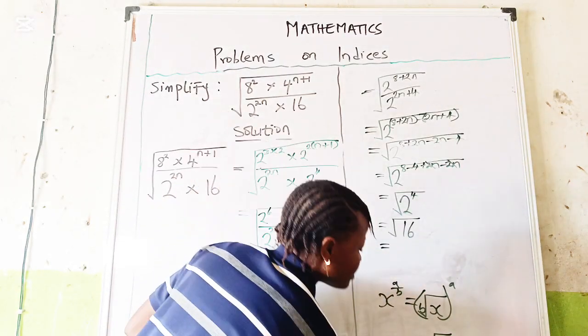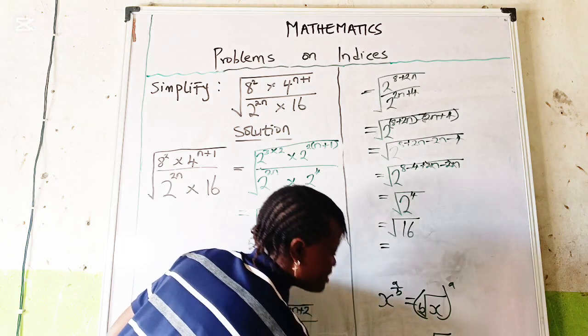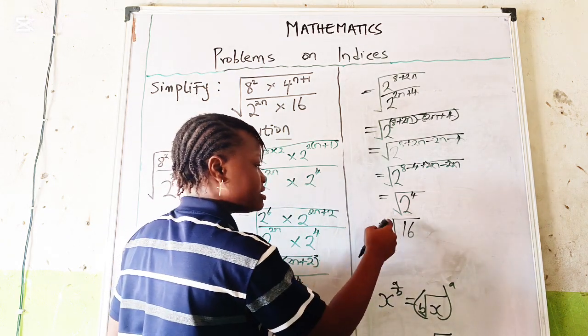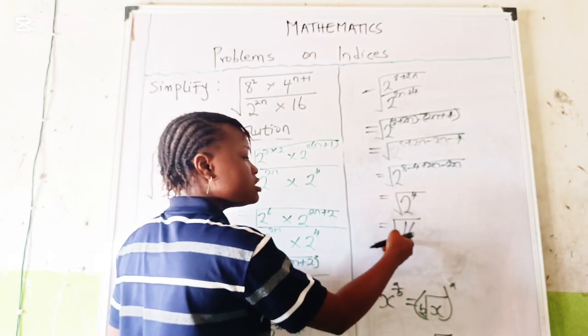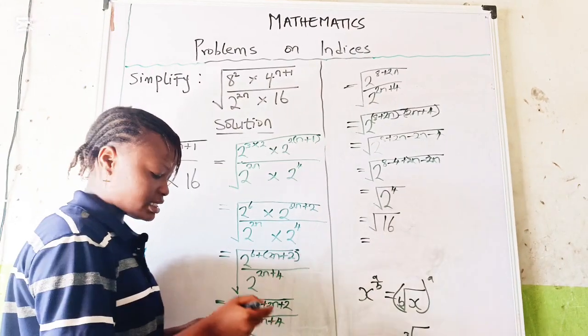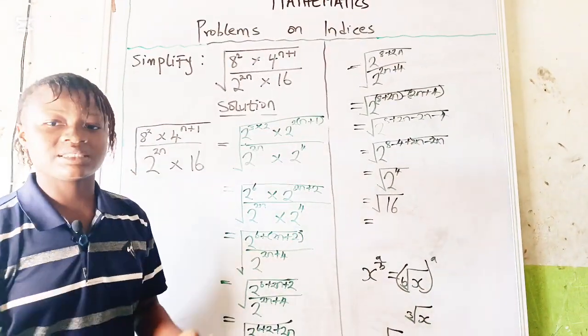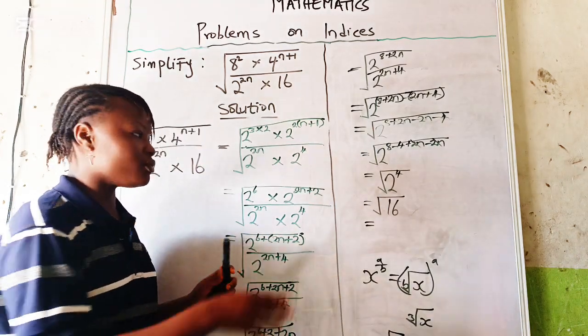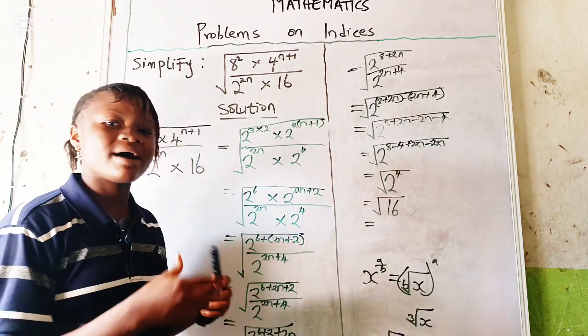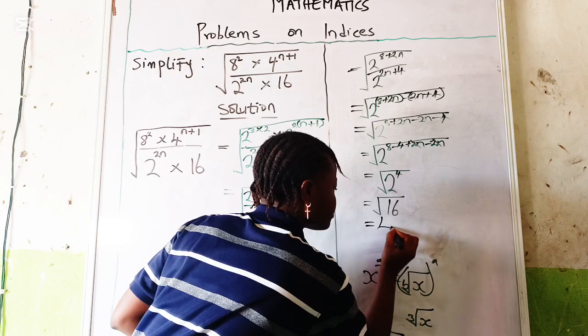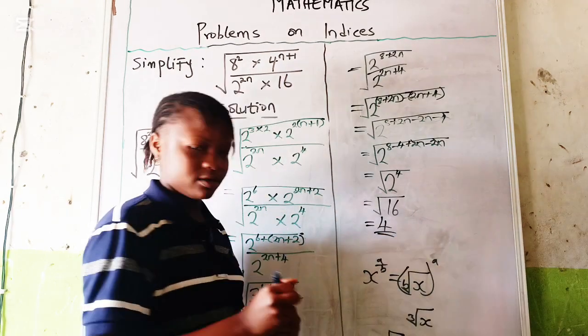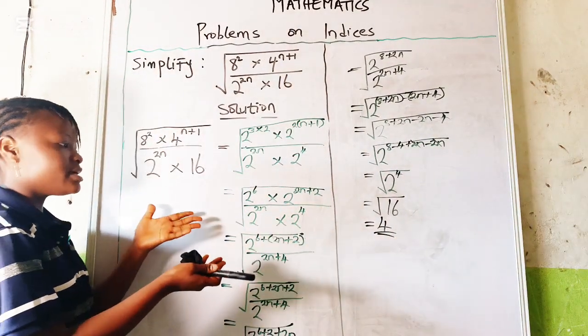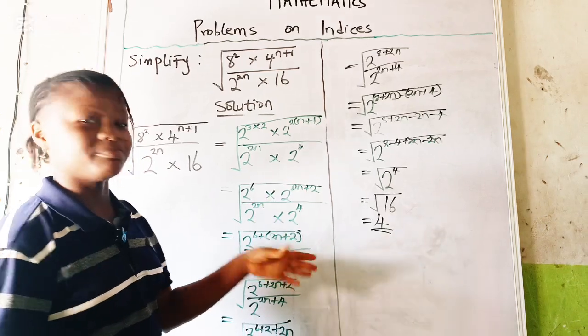And remember, if you are given something like this, there's an invisible 2 here, that is the square root of 16. The square root of 16 means which number will multiply itself 2 times to give you 16, and that number is 4. So this gives you the solution to the problem.